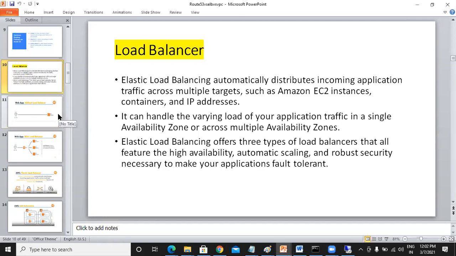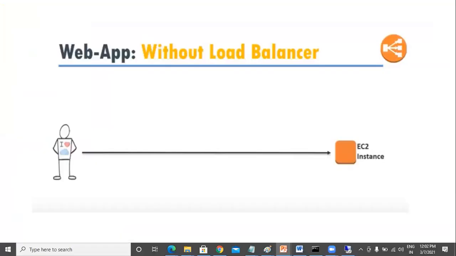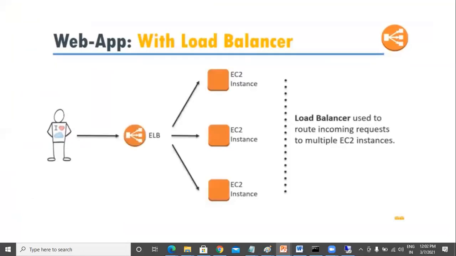If you take an example without any kind of load balancer, one user is just connecting to one server, right? You can see here one user directly accessing the EC2 instance. If there is a load balancer, then what will happen?